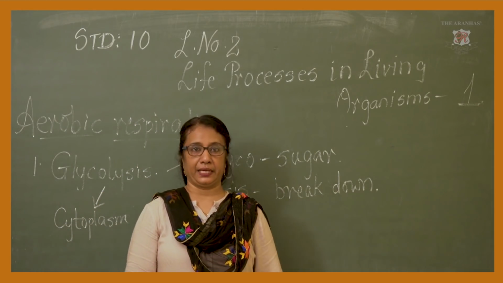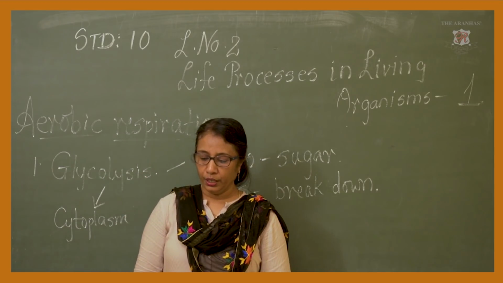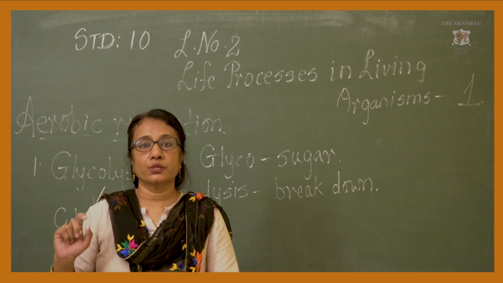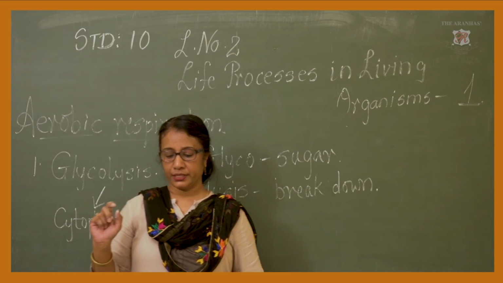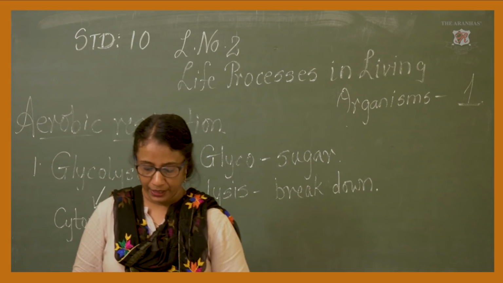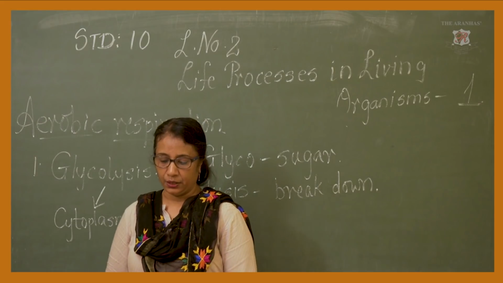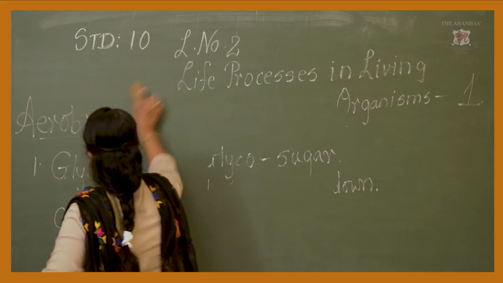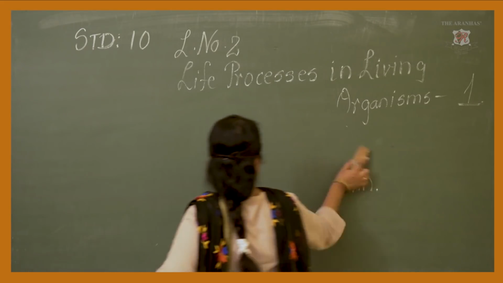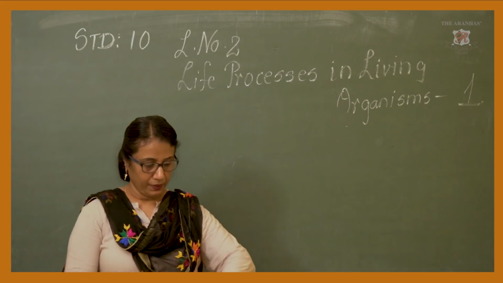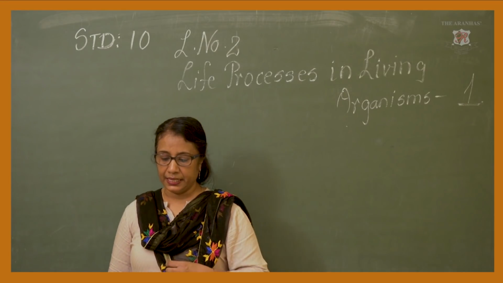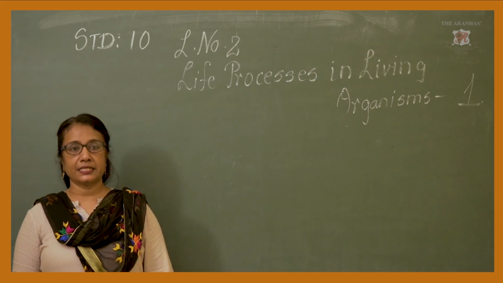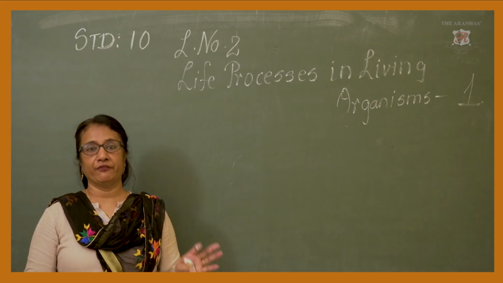You all know that mitochondria is called the powerhouse of the cell. Glycolysis is an anaerobic respiration and takes place in the cytoplasm, now I am telling where all it takes place.